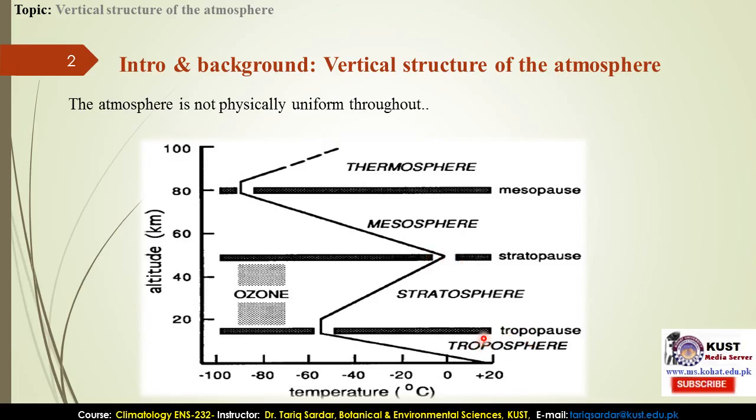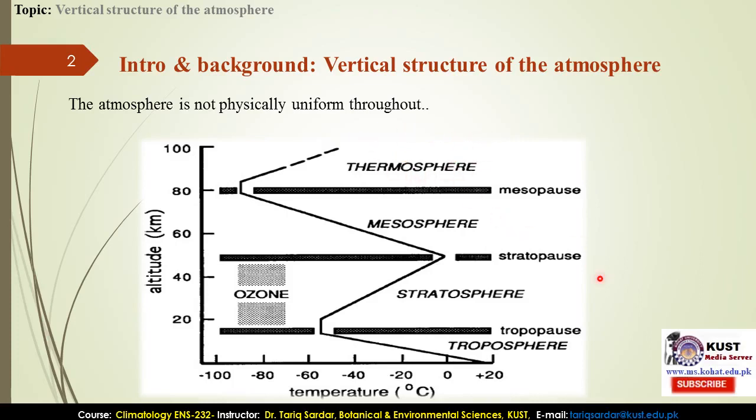Here there are four layers, but the basic ones are three: the troposphere, stratosphere and mesosphere. If you go up, you can also mention the thermosphere, exosphere, and even the ionosphere.